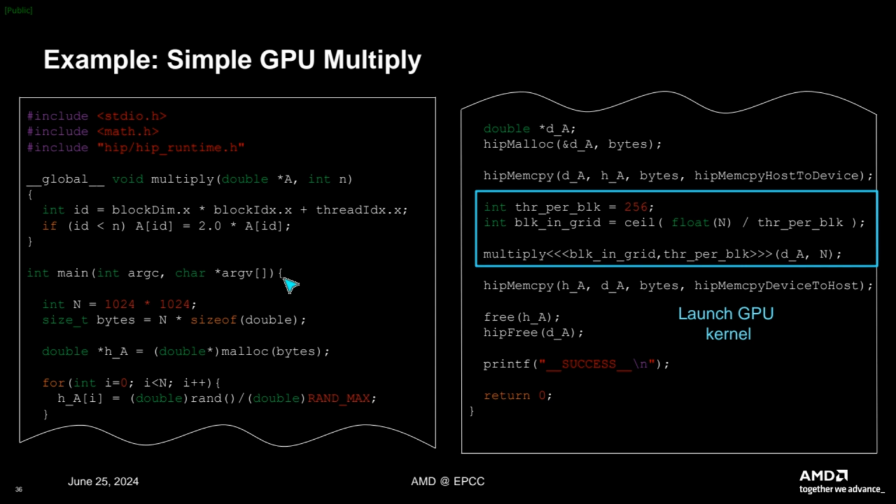Here, the important thing to notice is that we are defining the number of threads per block as a multiple of 64, and then we're also defining the blocks on the grid. So basically, threads per block and blocks on the grid are the two types of information that you need to have before you actually run your kernel. And it's important to do that in a somewhat crafty way so that you can have good performance.